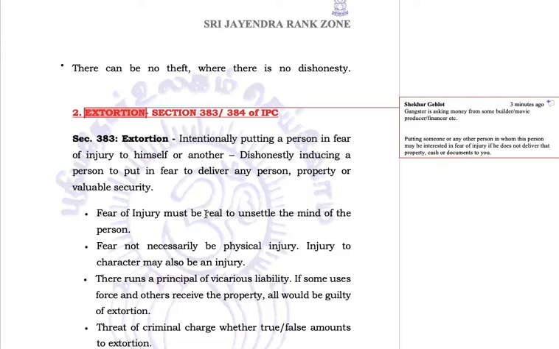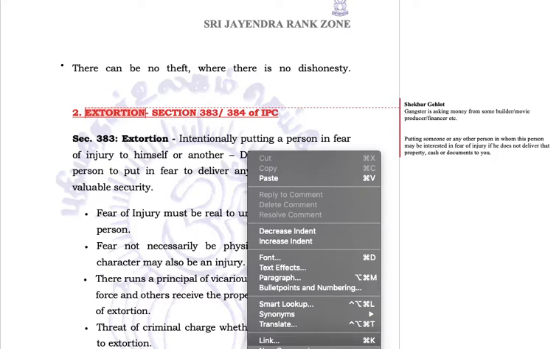So it should be real such that it unsettles the mind of the person to whom it is being conveyed. Fear need not necessarily be of physical injury. Injury to character may also be injury, like blackmailing.